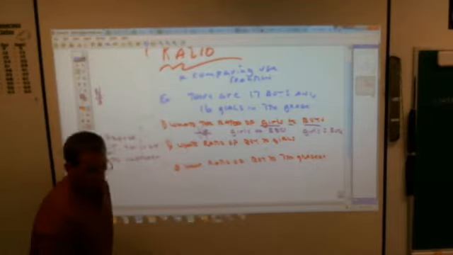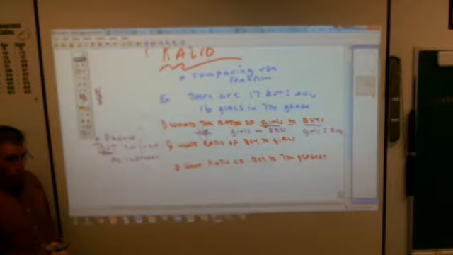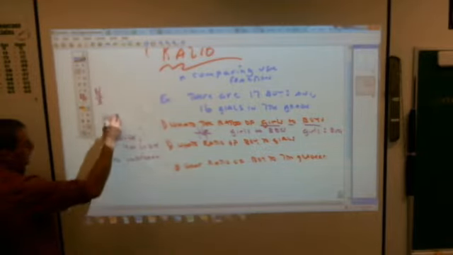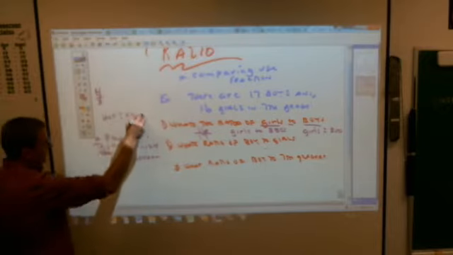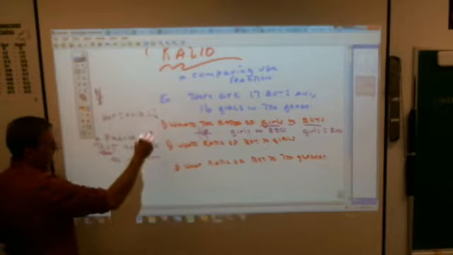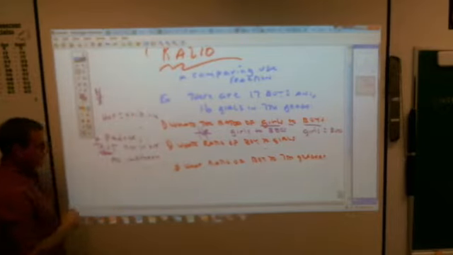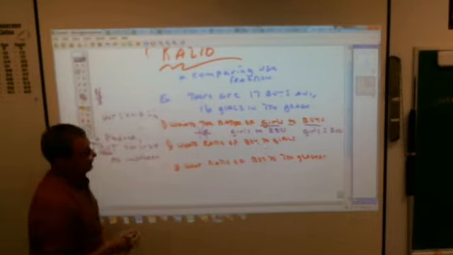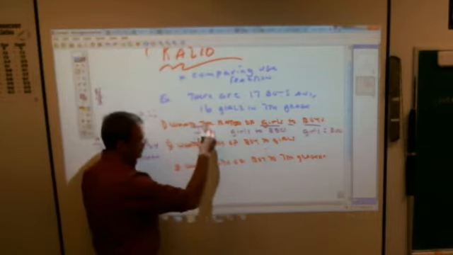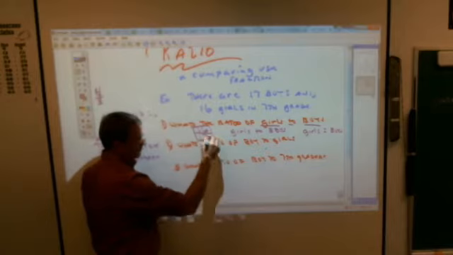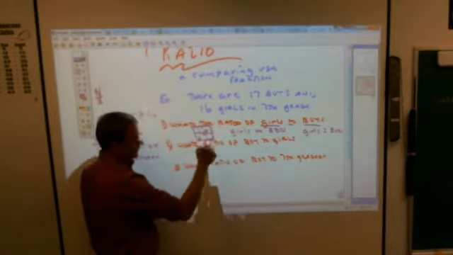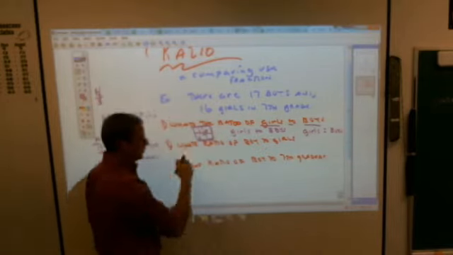Like when they do analogies, they go, hot is to cold as something is to something. But for all intents and purposes, ladies and gentlemen, we will always put it in fraction form. You will not do it this way, you will not do it that way, you always put it in fraction form.